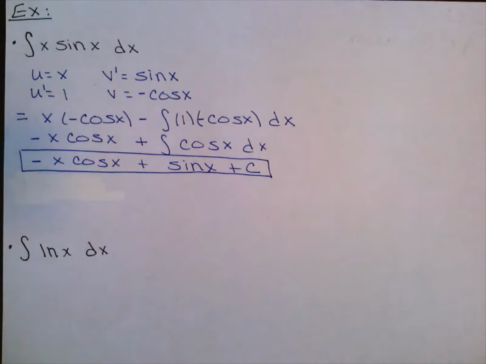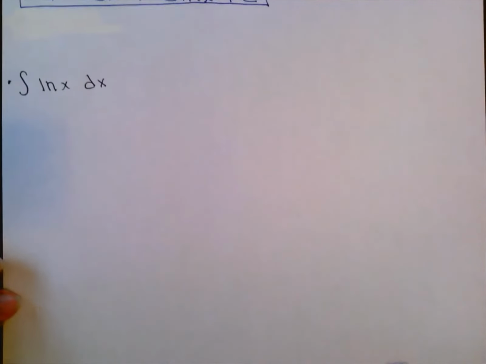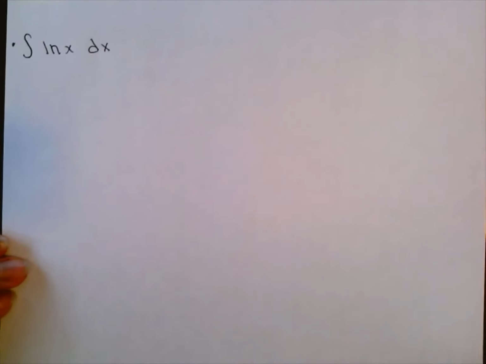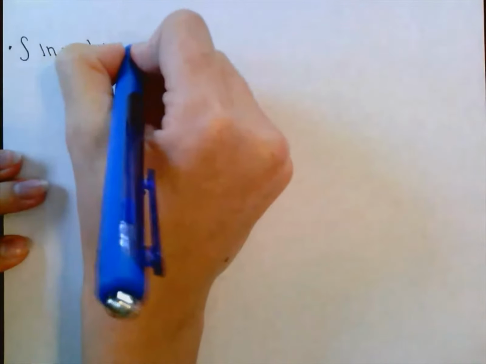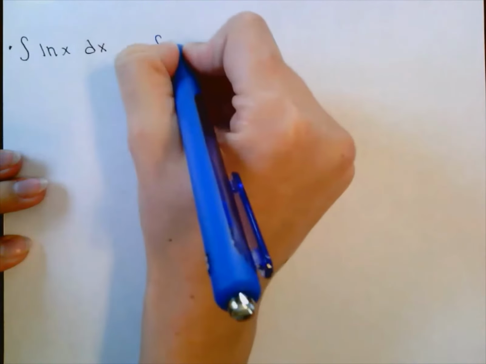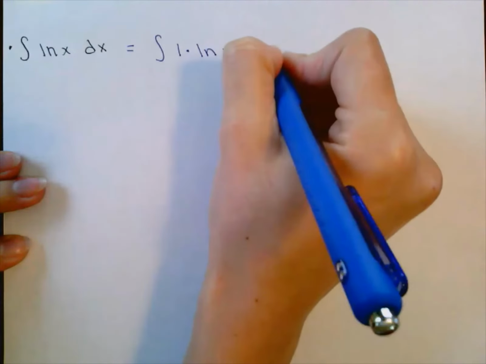Now, this next one may not appear to be an integration by parts question, okay? Because there's only one term. Believe it or not, in all the calculus you've learned, you have yet to learn an antiderivative for ln of x. So let's treat this as if it's saying 1 times ln of x, okay?